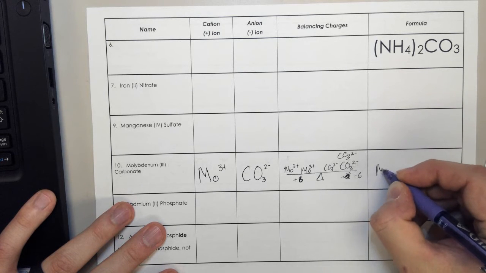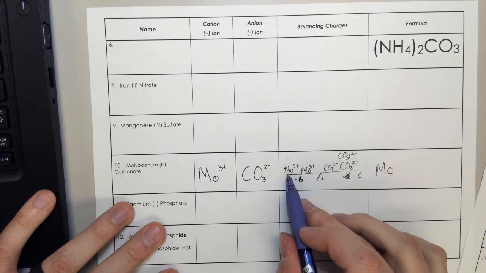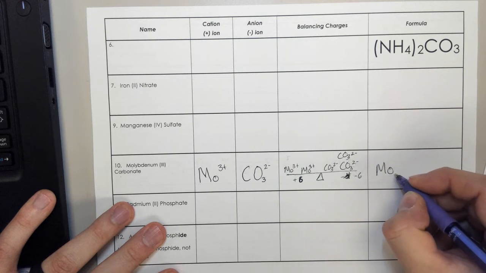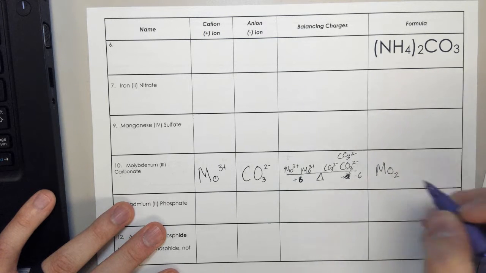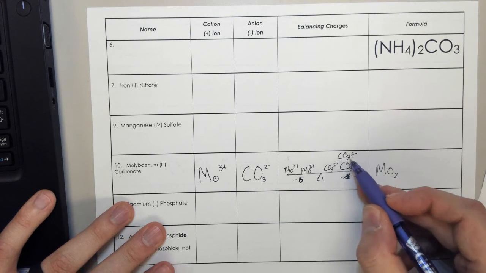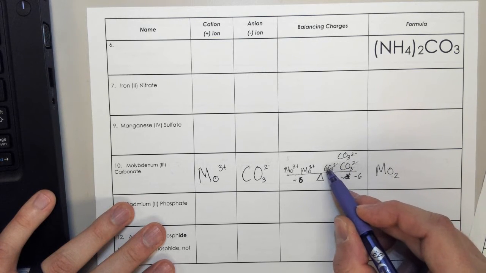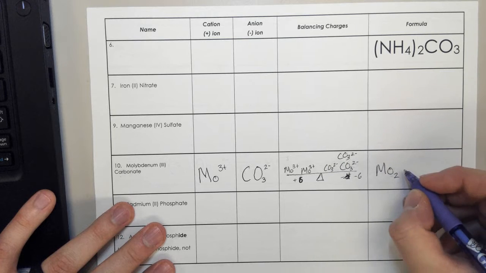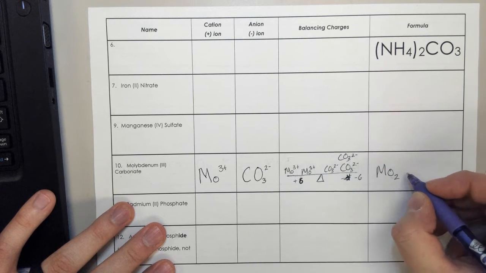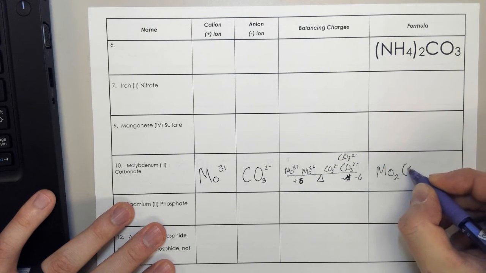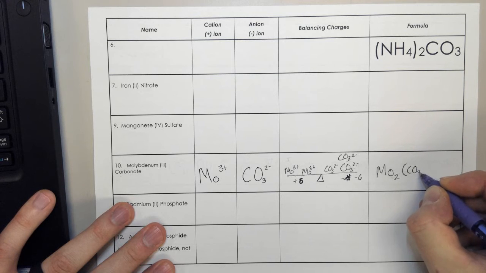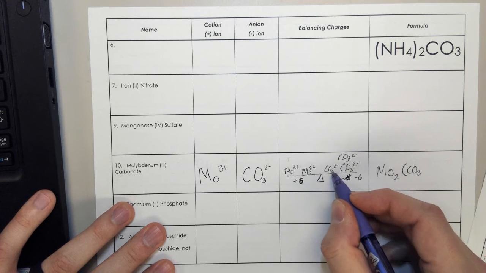So now that they cancel, we can make our formula over here. So we have Mo, and there are 2 of them. And then we have CO3. Now, because CO3 has carbons and oxygens put together, we need to start a parenthesis since we have more than one of them. And we put CO3 because this 3 is part of the carbonate.